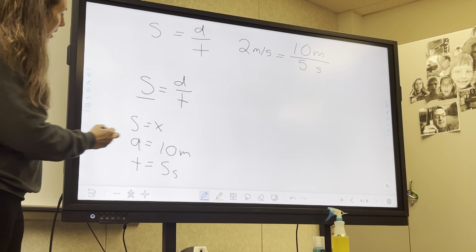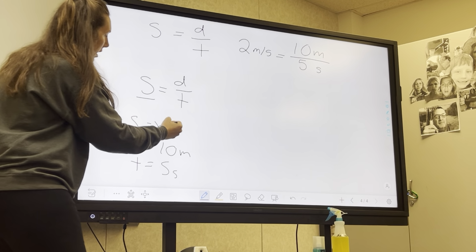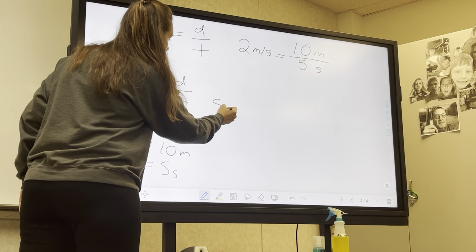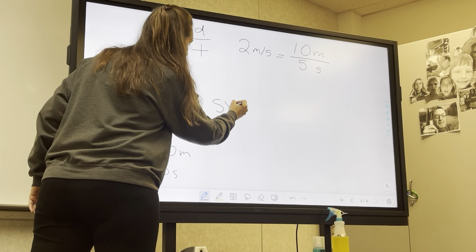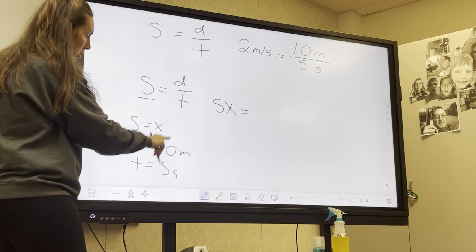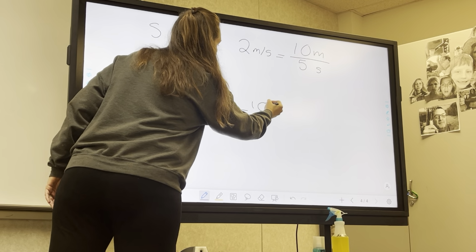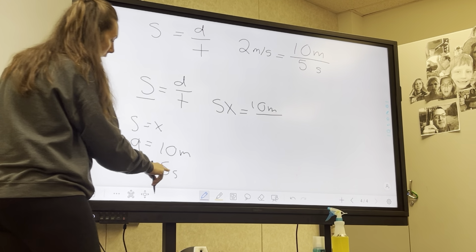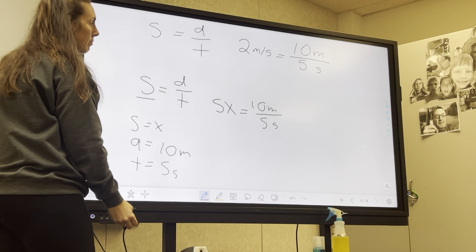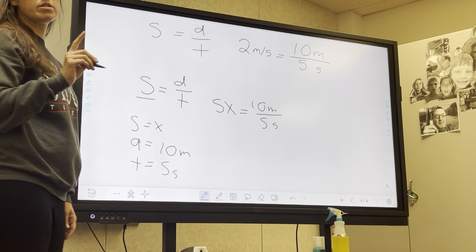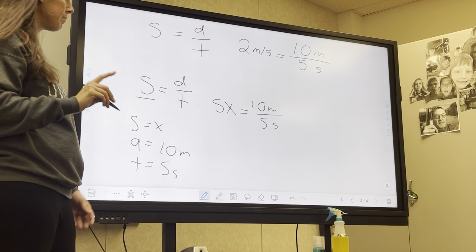So if you have these 2 variables, here's your x. Ready, I'm going to sub this in. Speed, which is my x, it could be x, whatever you want to do, speed or x, equals distance, 10 meters, divided by my time, 5 seconds, okay? Now, this is what I want to say about using x.